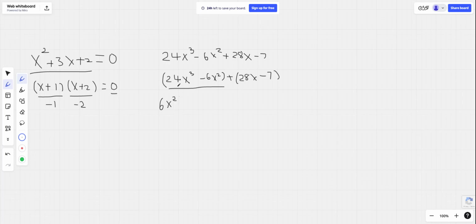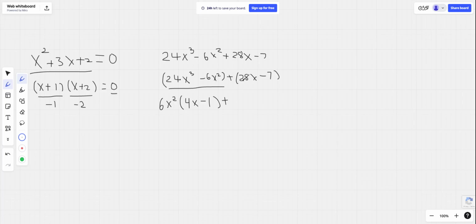expression here, and what do we have left? So 24x cubed divided by 6x squared: 24 divided by 6 is 4, x cubed divided by x squared is x, and -6x squared divided by 6x squared is just -1. And let's do the same thing on this side. We have a constant term here, no variable, so there are no powers of x that go into both.